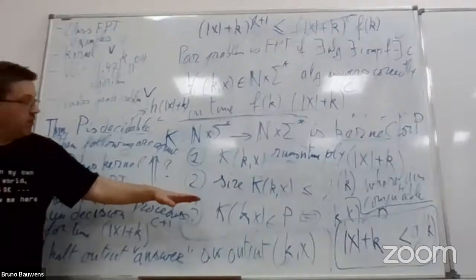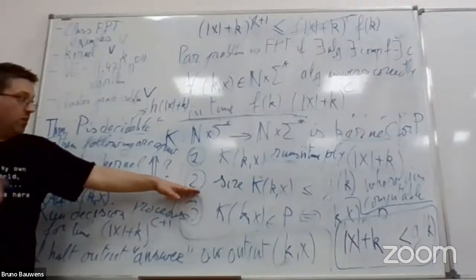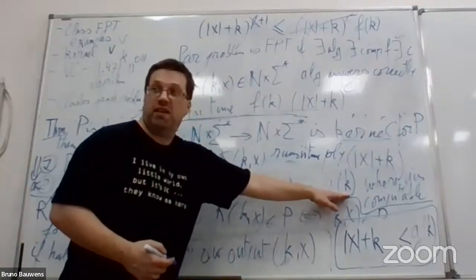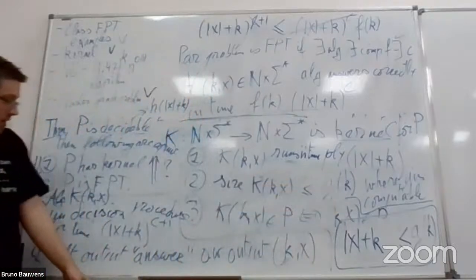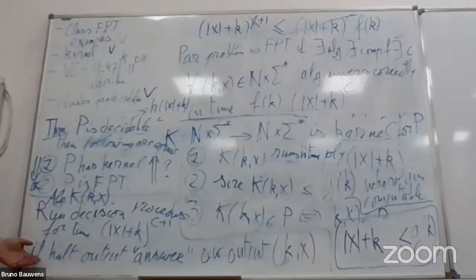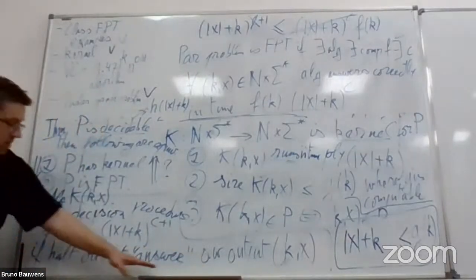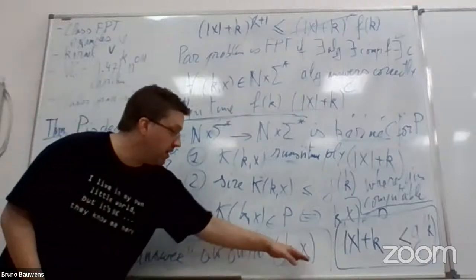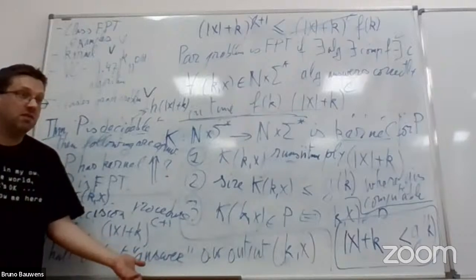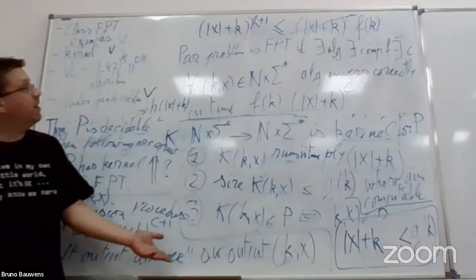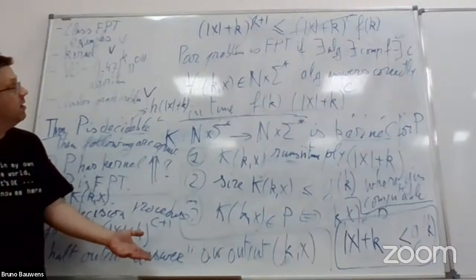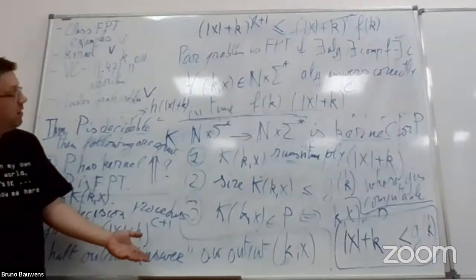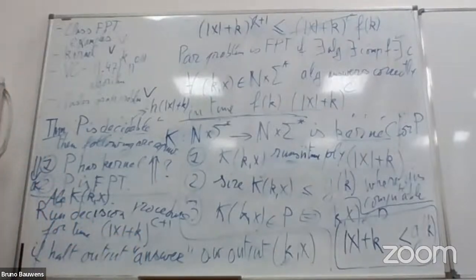So we have to prove number 2 here. We need to guarantee that the output is always bounded by f of k. There are 2 cases. Either we output the answer, but then it's bounded by a constant, or we output the kernel of x, k. And so we run the algorithm for length of x plus k to the power c plus 1 time.